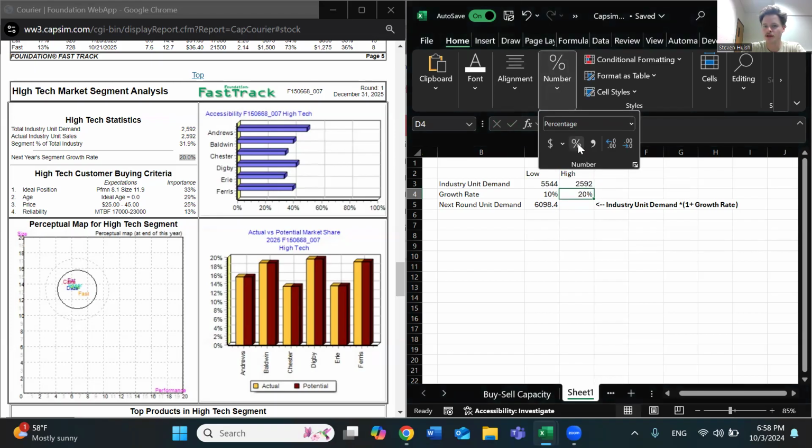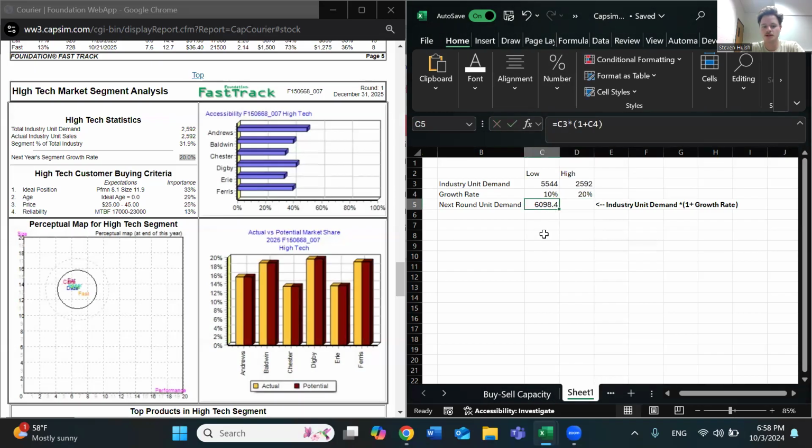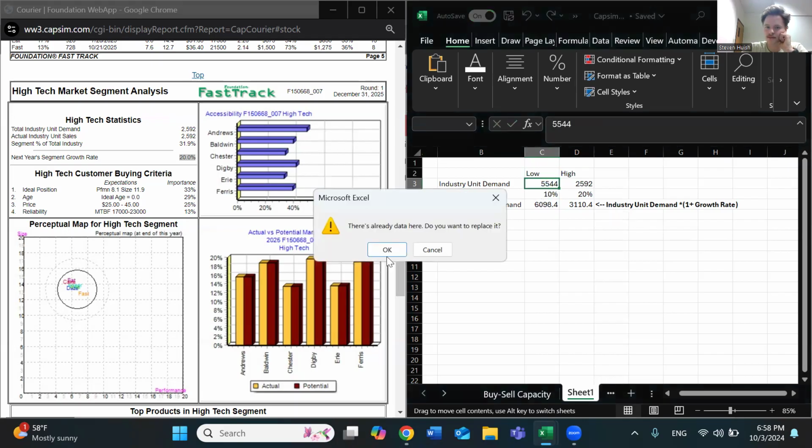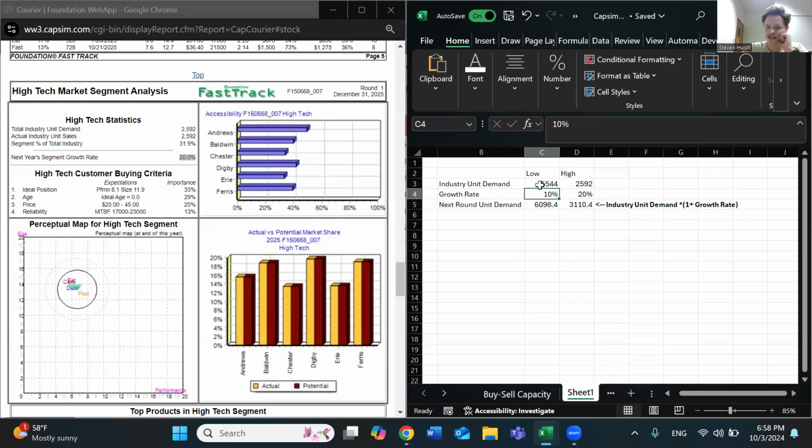If you go to number, you click this percentage symbol. That's how you do it. And then I'm just going to copy and paste that formula over. So low tech has grown by 10% to 6,000 people. High tech has grown by 20% to 3,000 people.